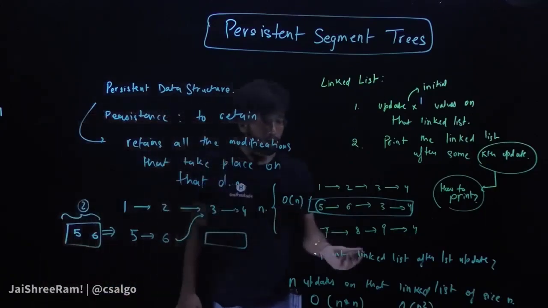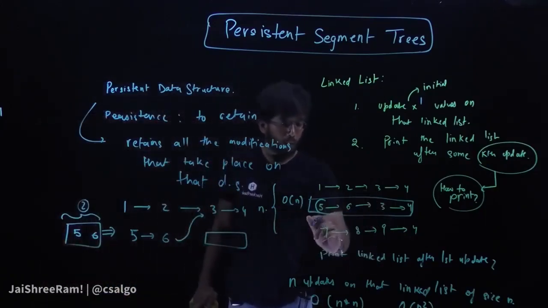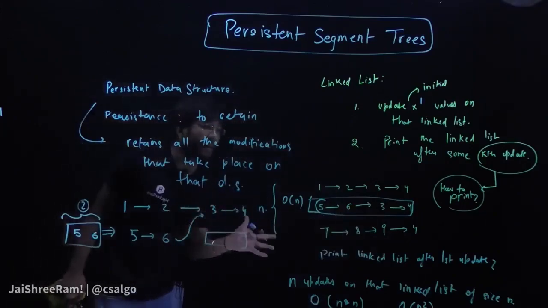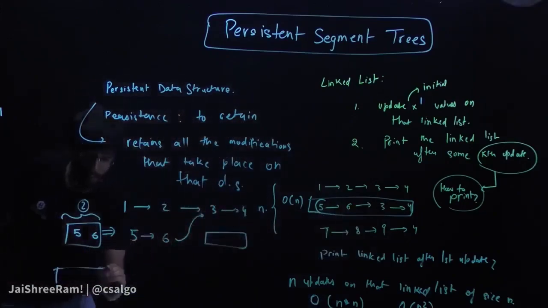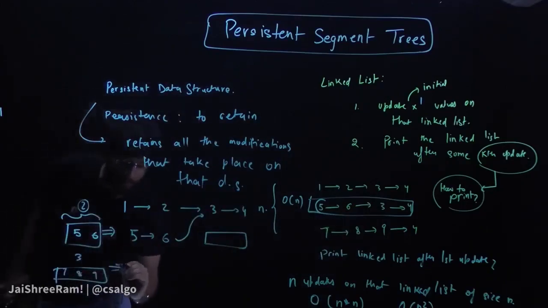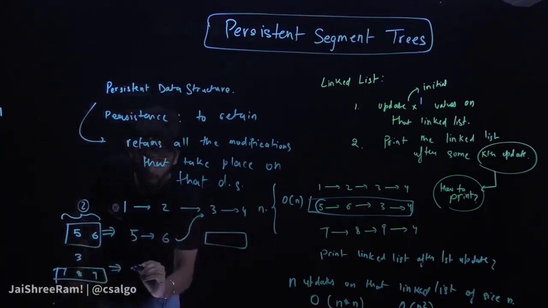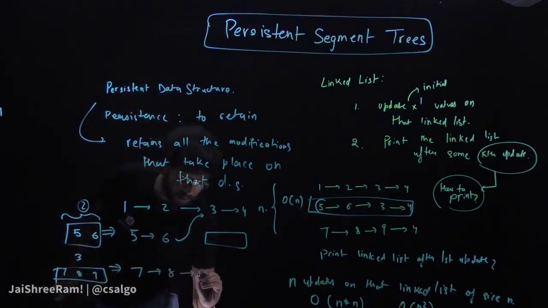Now jumping on to the next thing, if I get a 3 element update which is 7, 8, 9, then what I need to do is write 7, 8, 9.